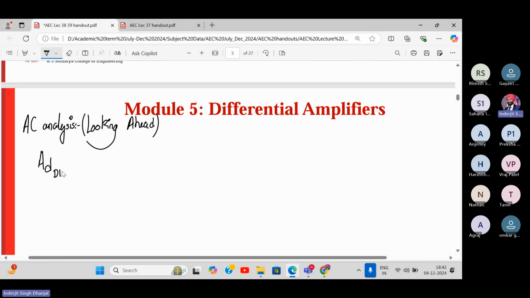AD for DIBO is given by GMRD. ACM formula for DIBO is given by minus GMRD divided by 1 plus twice GMRS.